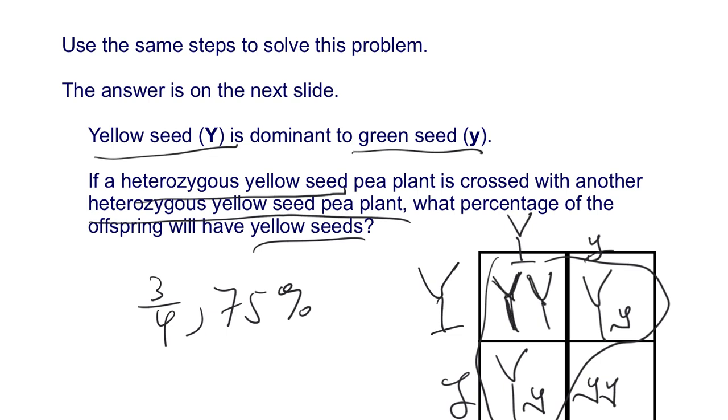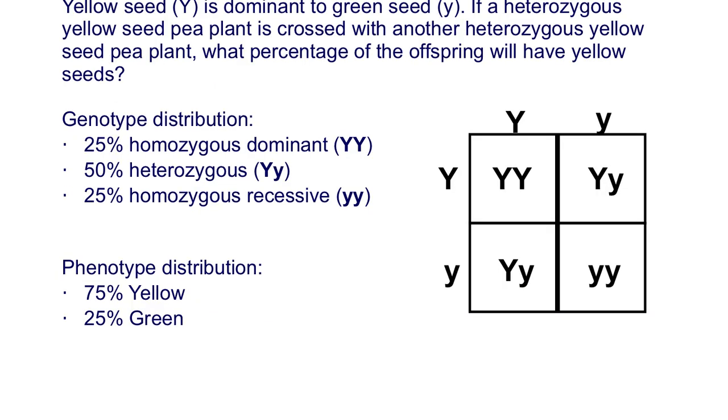because you have to have a dominant allele to show the yellow color, because of what they said here. And so that's showing you that we're correct.